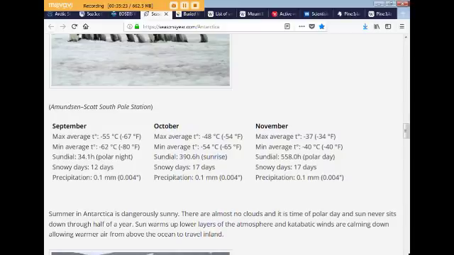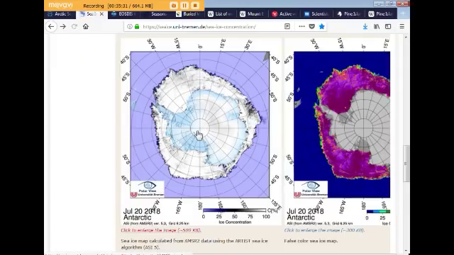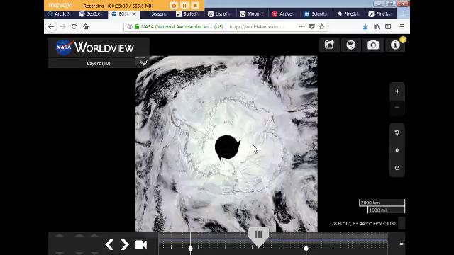Now I'm going to show you something else. That wasn't the one I want. This is the NASA Worldview. And yes, Forest Dweller was the first one to give me the link to NASA Worldview.